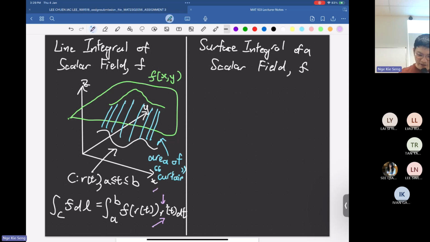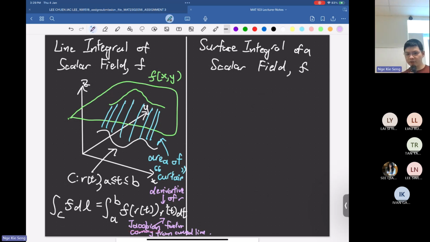First of all, this is a tangent vector, right? This is a derivative of r. But what is this? This is the Jacobian factor coming from the curved line. Does it make sense or not?